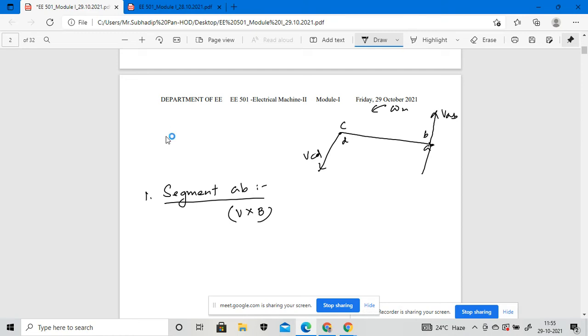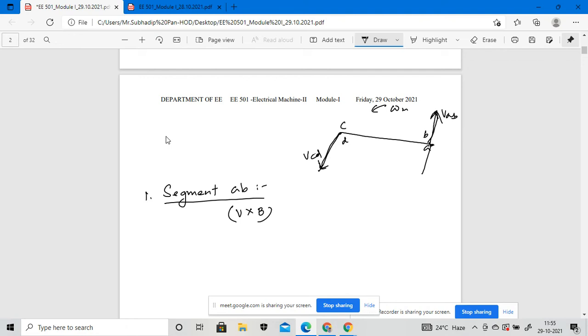Considering this as a three-dimensional figure, this vector points into the page, and this one points out from the page. So this particular segment will be considered into the page.